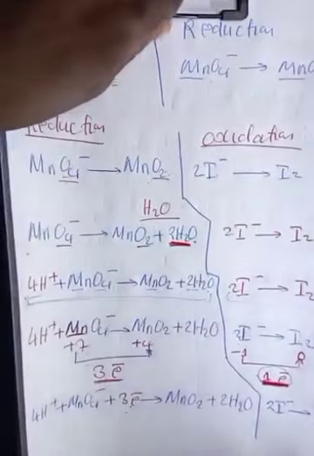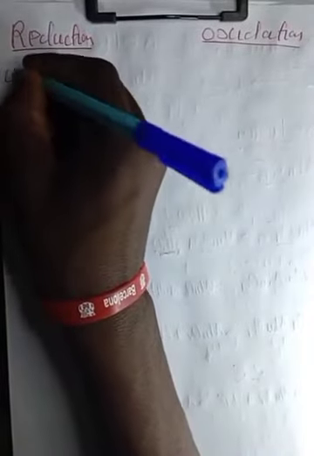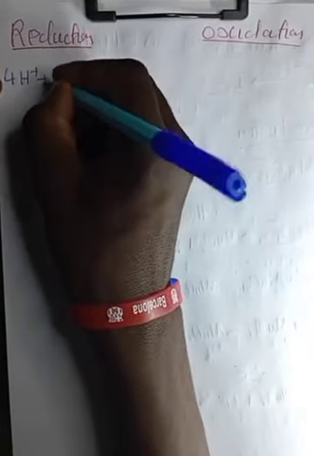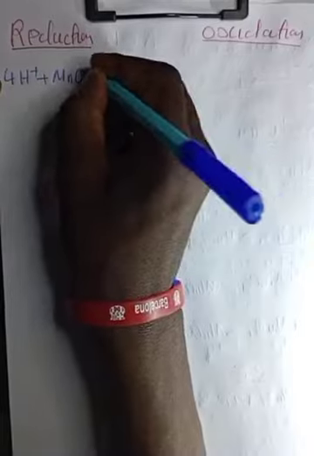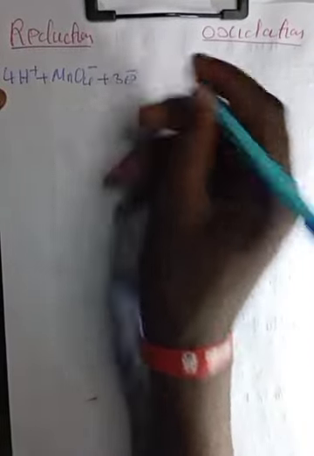Okay, so now let's proceed to rewrite the equation in the next step. So we have reduction here, and you have oxidation this side. So our reduction is simple. It's 4 hydrogen ion plus MnO4 minus, and then plus 3 electrons.